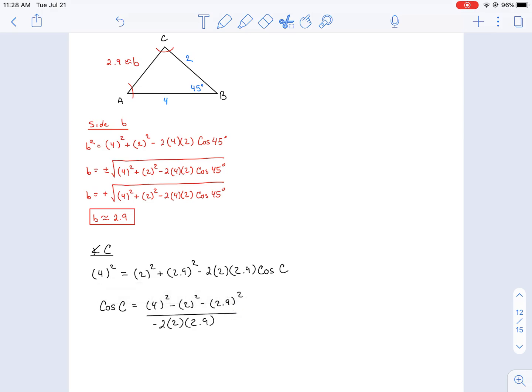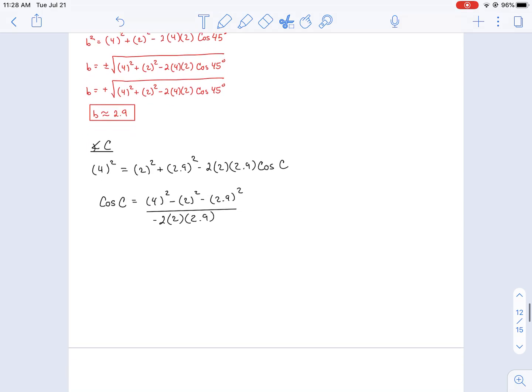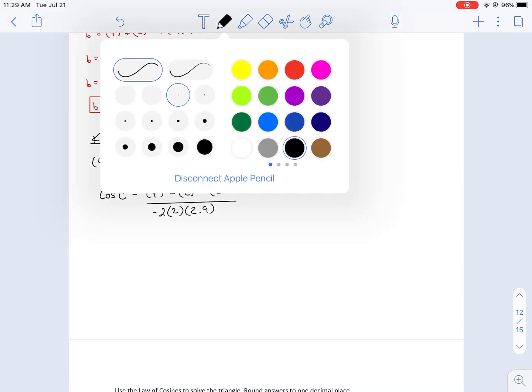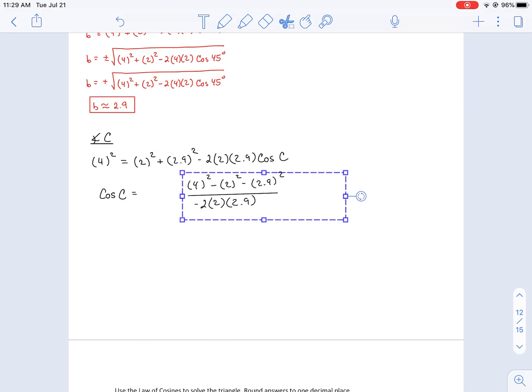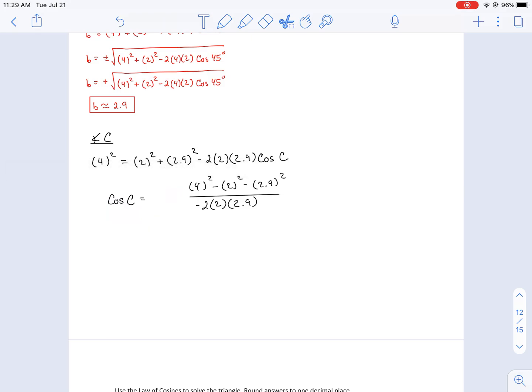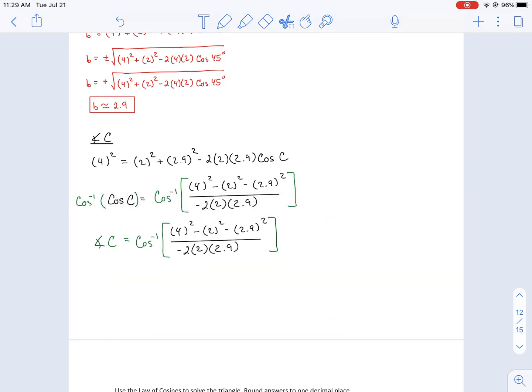And to determine what angle C is, I am going to take the inverse cosine of both sides. So angle C is equal to this inverse cosine expression, which we're going to evaluate in Desmos right now.